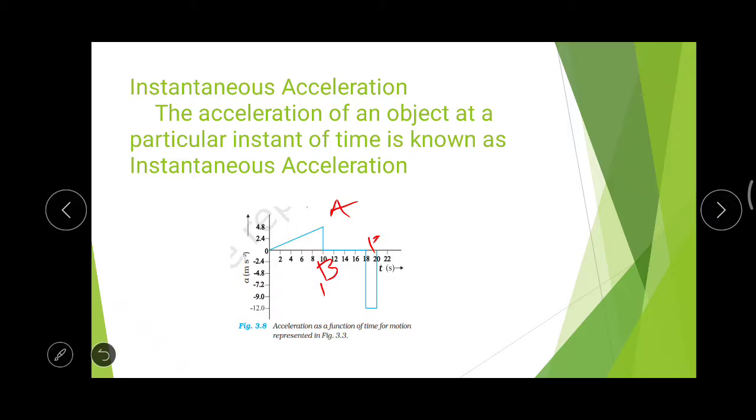At the time of 20 it again goes to 0. From minus 12, the value of acceleration increased and became 0. So that is the graphical representation given.